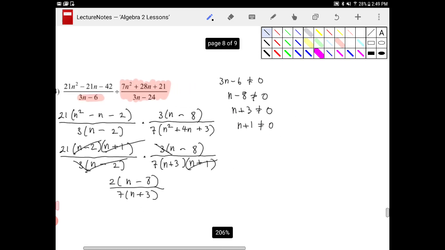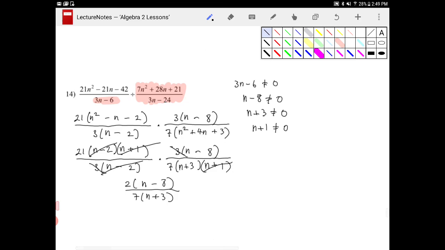So knowing that all these things cannot equal 0, I can see that n cannot equal 2, 8, -3, and -1. Okay?